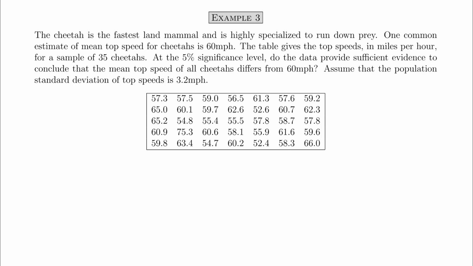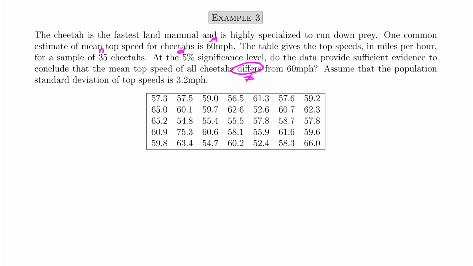So with this one, we're talking about the land speed of cheetahs, and we have the information provided within the problem itself: mu is 60 miles per hour, a sample size of 35, a significance level of 5%, and we're looking at differs.